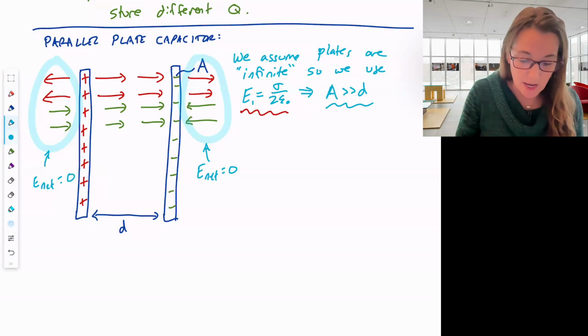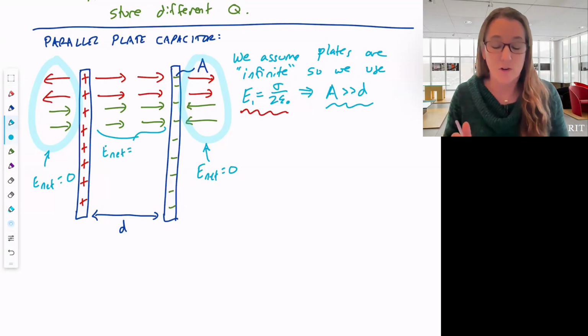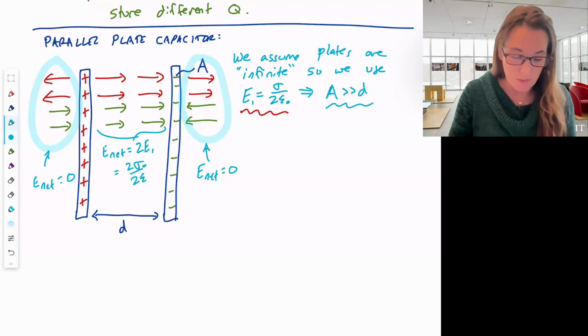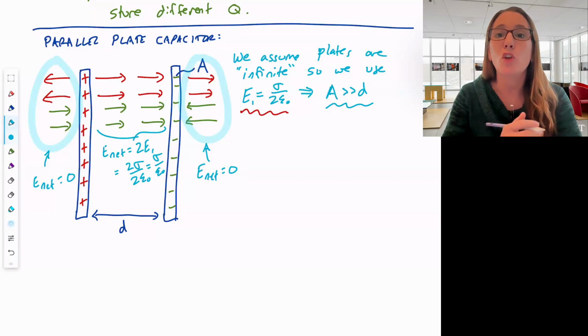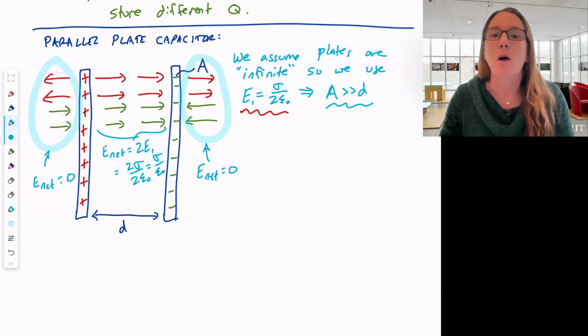Inside, the net electric field is double the electric field from one plate, so it's equal to 2 sigma over 2 epsilon naught, which is just sigma over epsilon naught. So we know our electric field inside. And then you're probably thinking, why is she doing this? Because we're talking about capacitance.